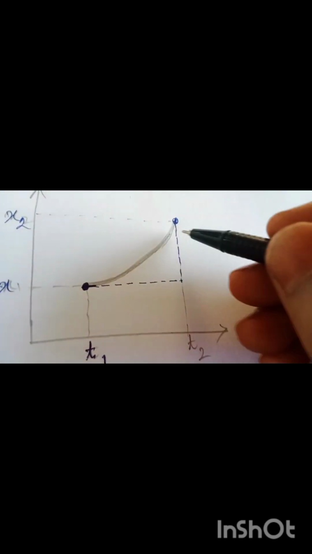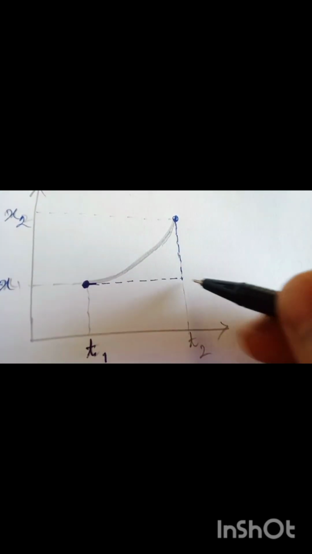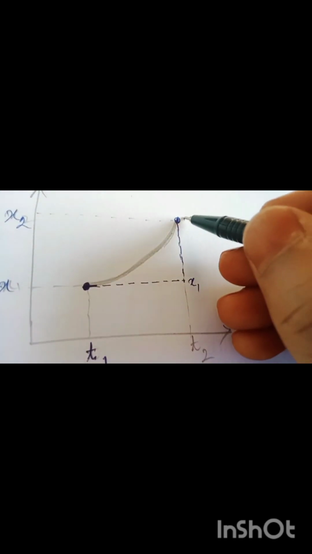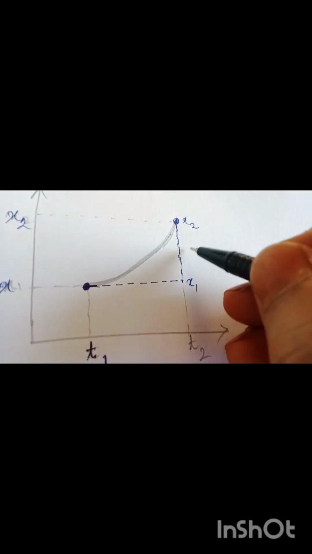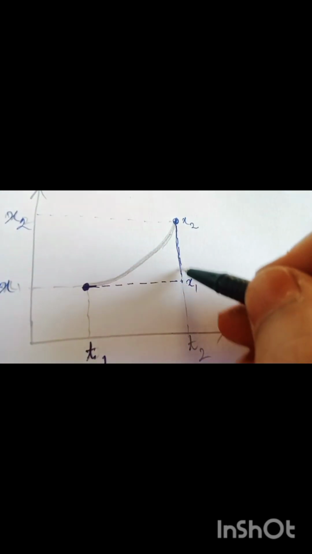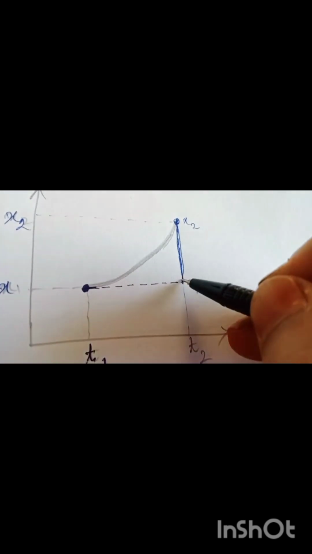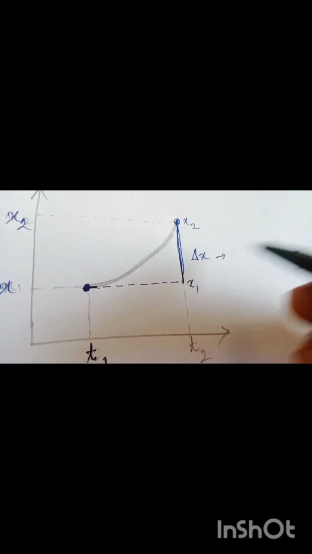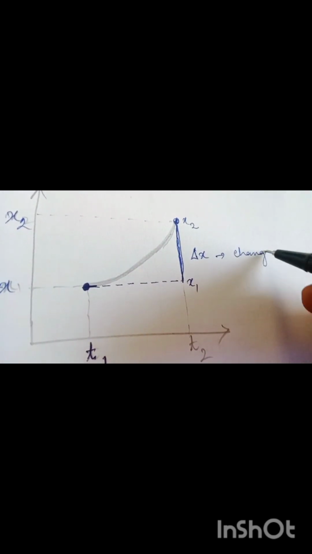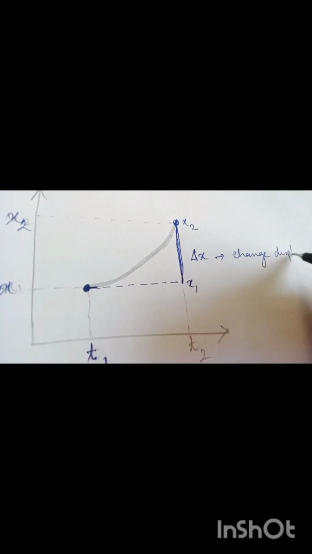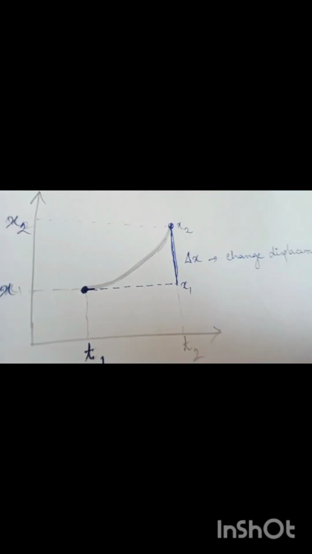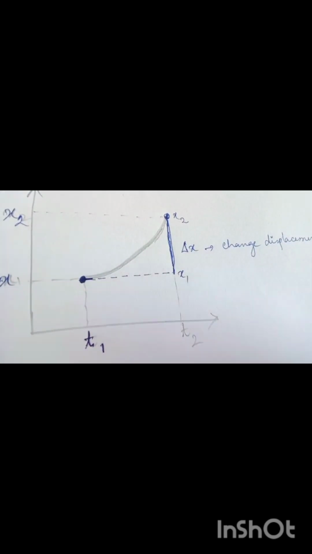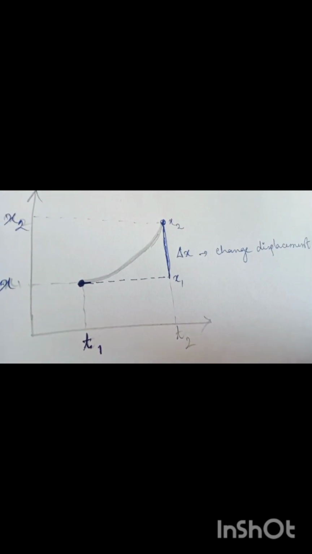So here we can write x1 and this is x2. So this portion now becomes delta x, which is change in displacement or change in position. For speed we say position, for velocity it is displacement.